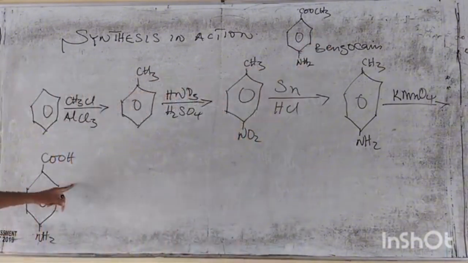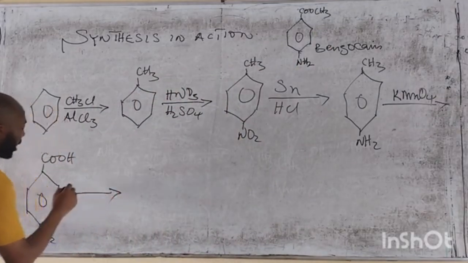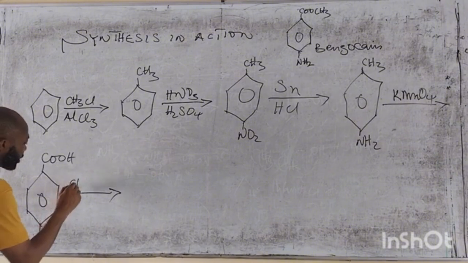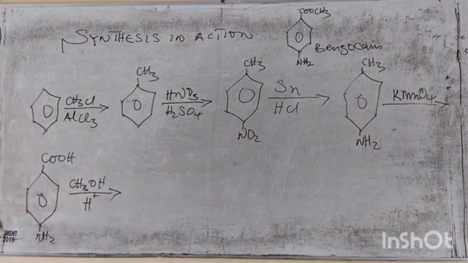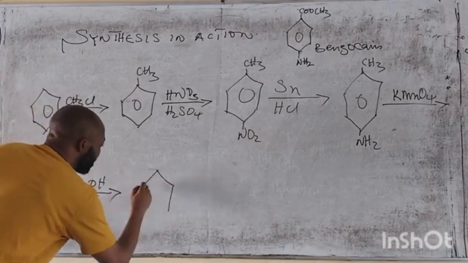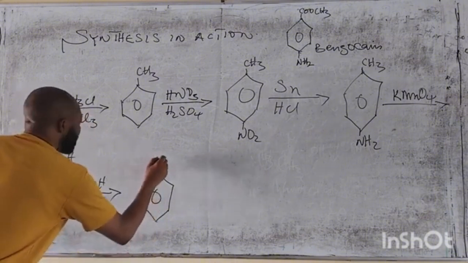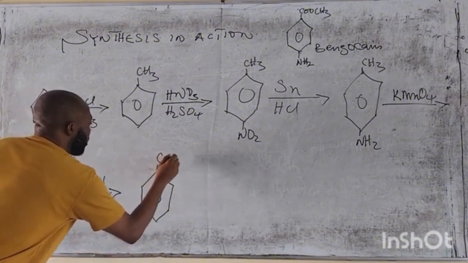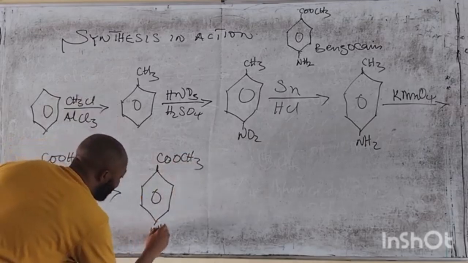So the only way I can do that, I have to esterify this, reacting with methanol, CH3OH in the presence of concentrated acid, H2SO4. This will give me COOCH3, and here I have my NH2.